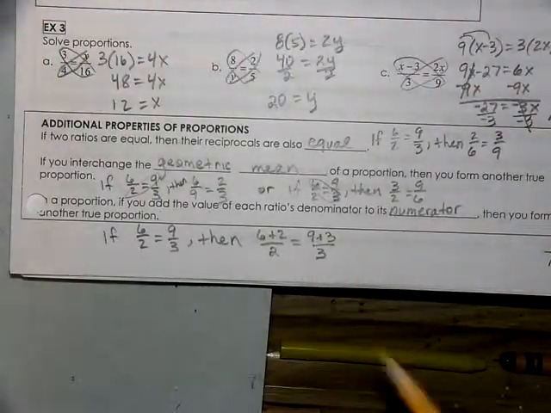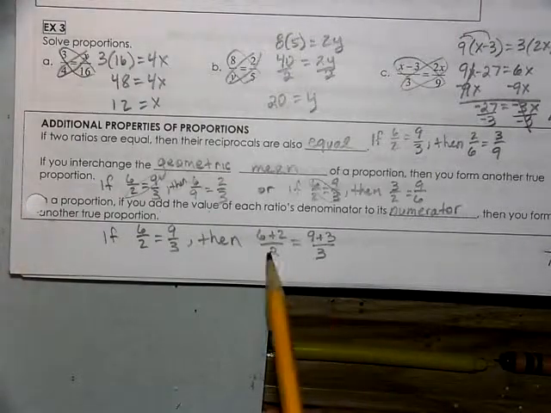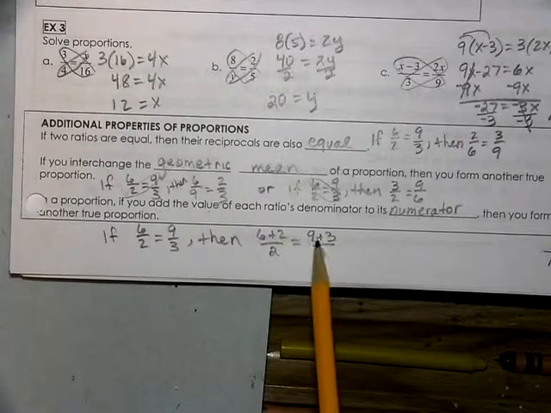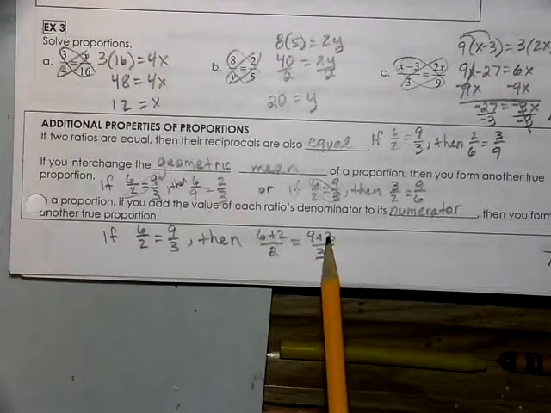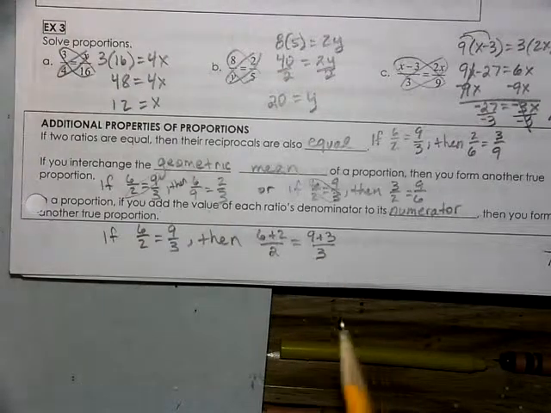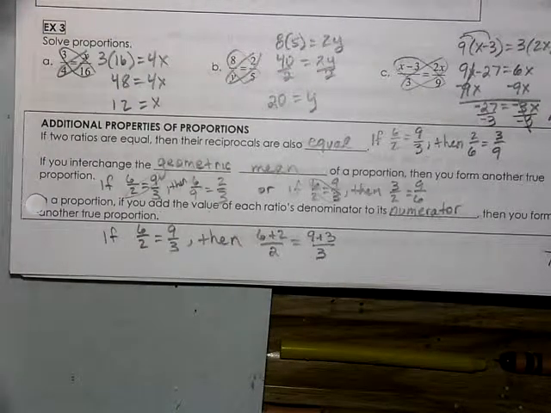We can't reduce the 2's, you can't reduce the 3's, but 8 divided by 2 makes 4. 9 and 3 is 12 divided by 3 is also 4. So the two fractions are still equal to each other.